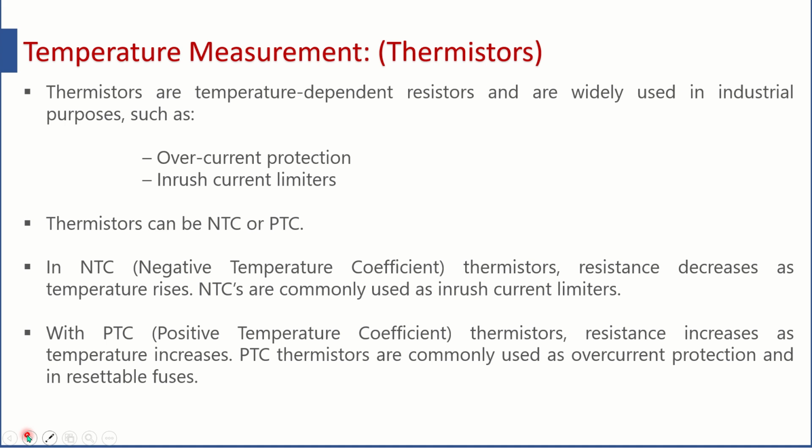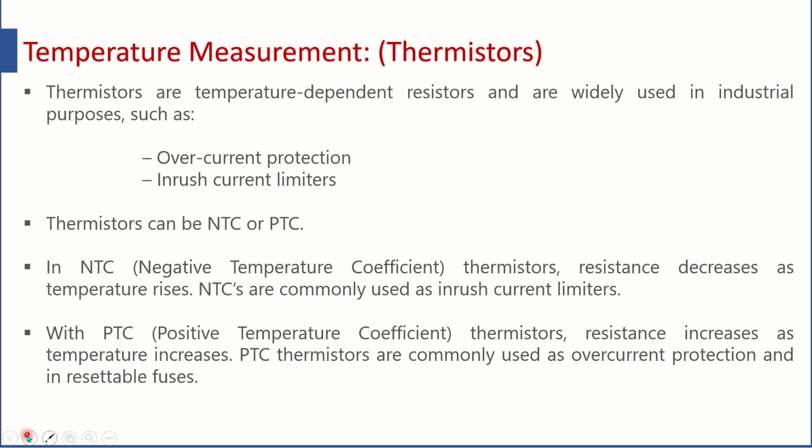NTC means negative temperature coefficient. In such cases, the resistance decreases as the temperature increases. Now this is opposite to metal, because in metals, as the temperature increases, the resistance also increases. But this is the speciality of the NTC type thermistor. Because of this capability, they are commonly used as inrush current limiters.